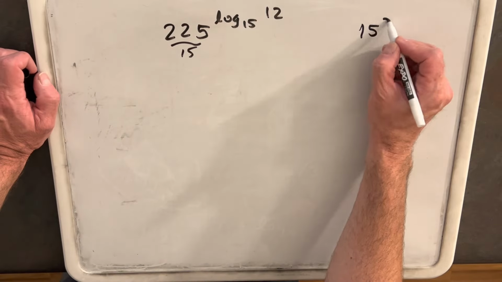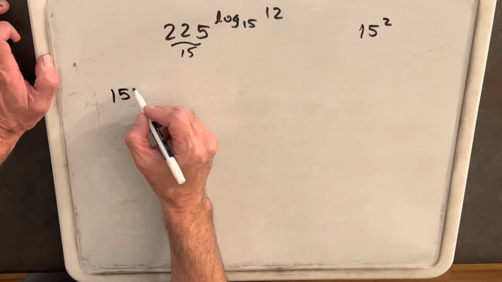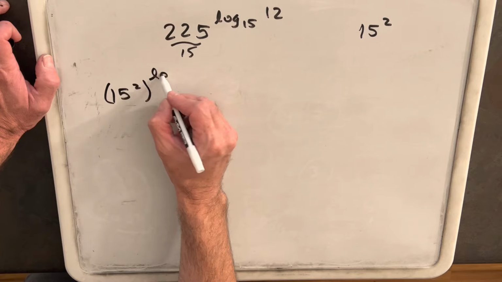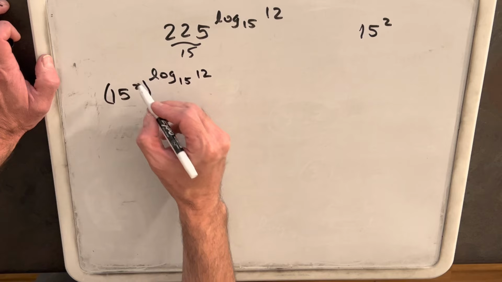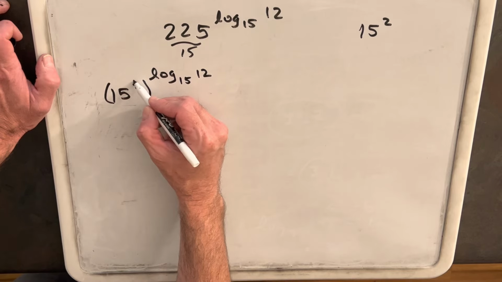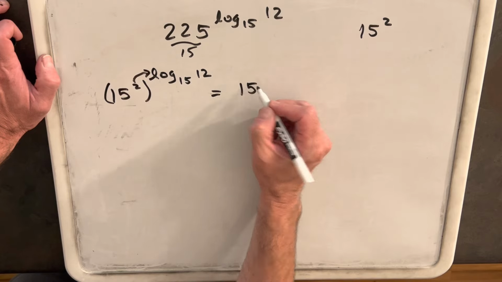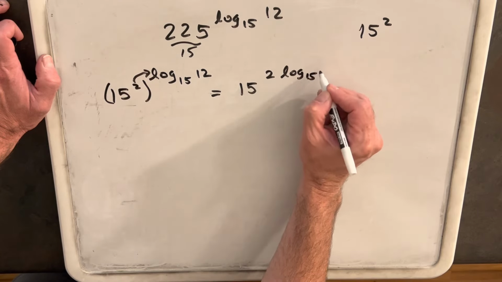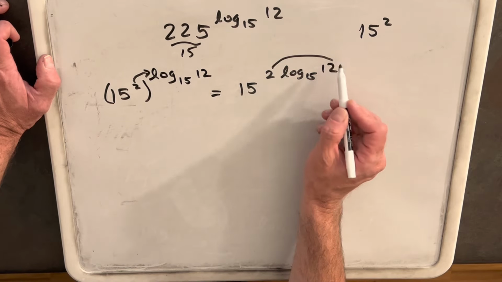225 is 15 squared. So we're not too far off. We'll rewrite this expression as 15 squared, just being careful with the exponents. But then by our exponent rules, we can multiply this out and rewrite this as 15 to the 2 log base 15 of 12.